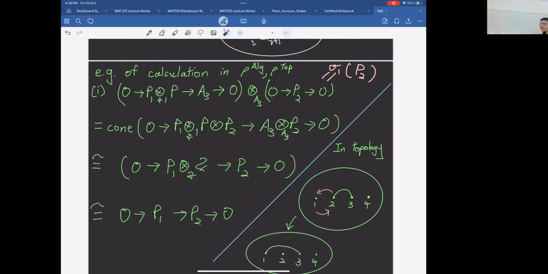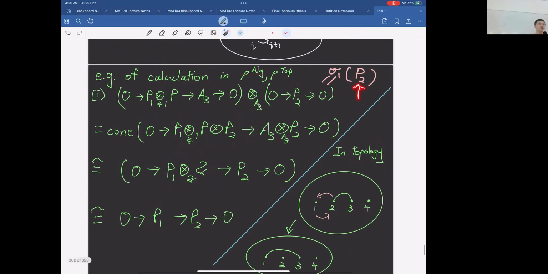But on the topological side, what happens? How do we associate P2? Do you still remember? There's only one intersection for P2, right? So this corresponds to the second vertical line intersecting with your curve, which is this curve connecting 2 and 3. But if you permute, what is sigma 1?